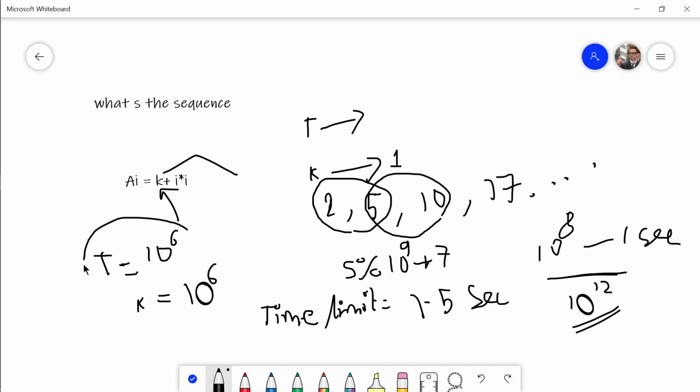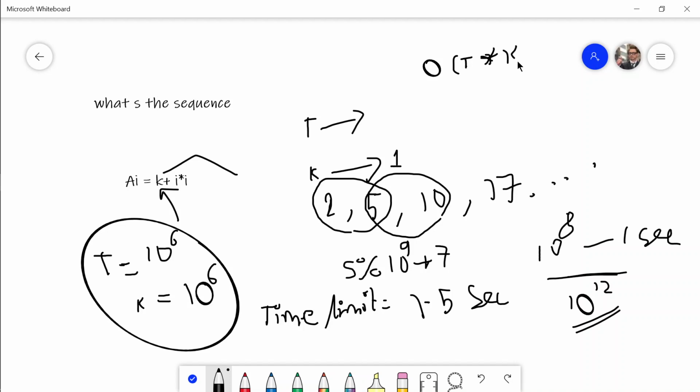If we calculate O of t into k, it is exactly 10 to the power 12 operations. So we have to do it in O of n time. Let us see how we can approach this problem in O of n time.